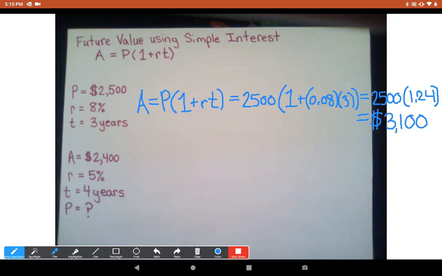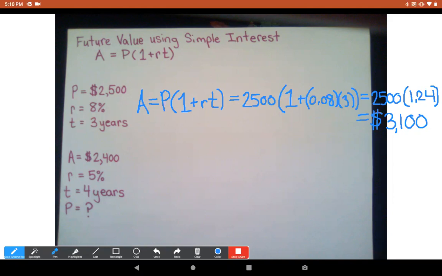So in the future, if we deposit 2,500 into an account with an 8% annual interest rate for 3 years, we'll have $3,100 at the end.